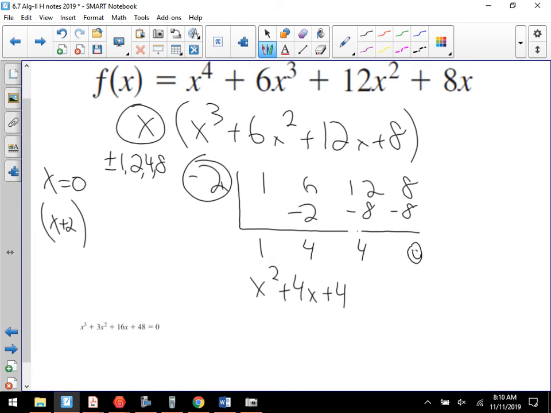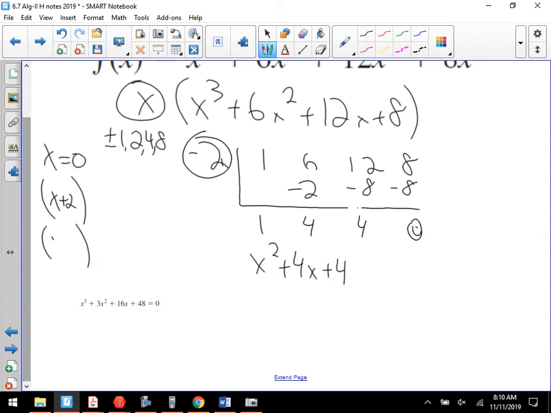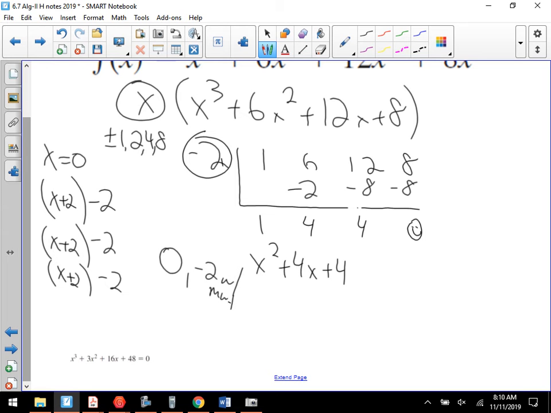So my other two terms then are x plus 2, x plus 2, which means my zeros are at 0 and negative 2. So my answer is 0 and negative 2 with multiplicity of 3.